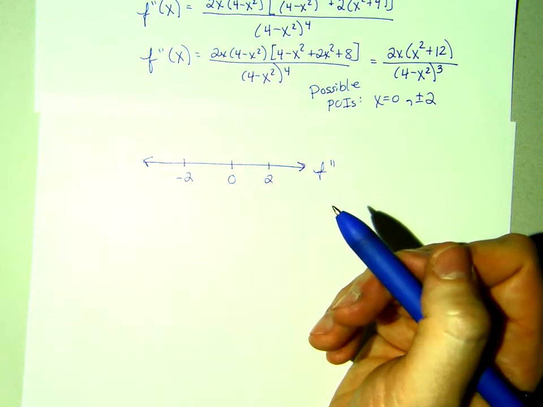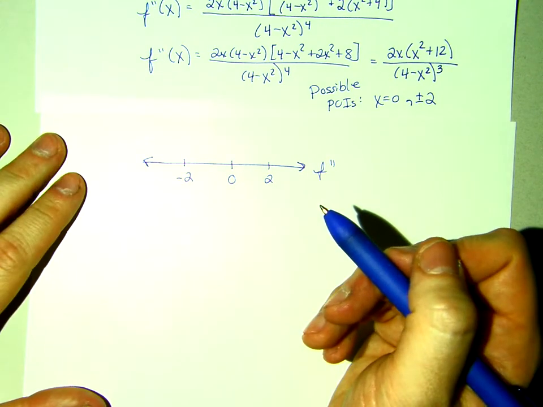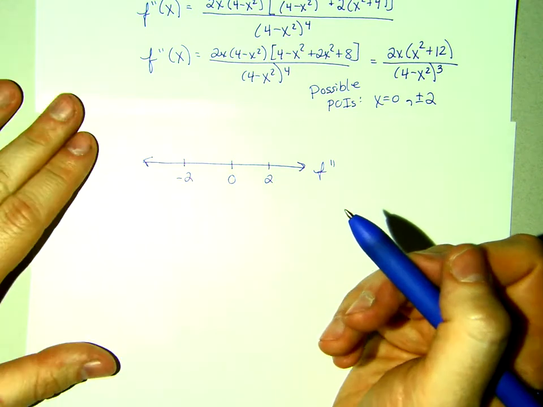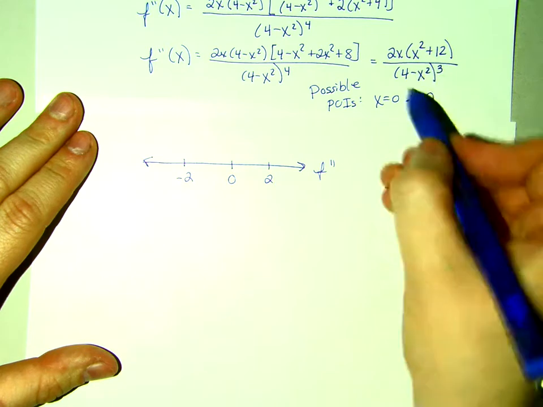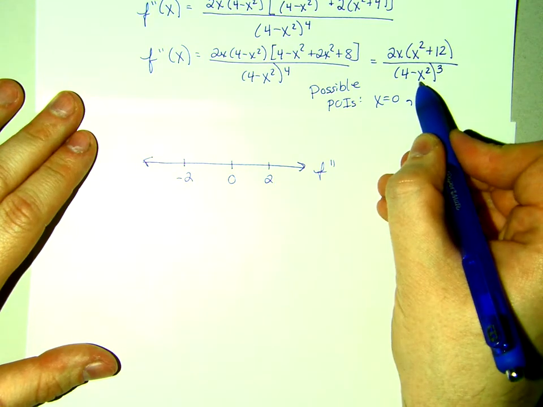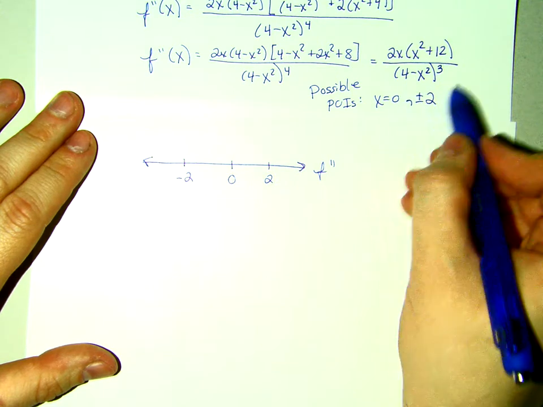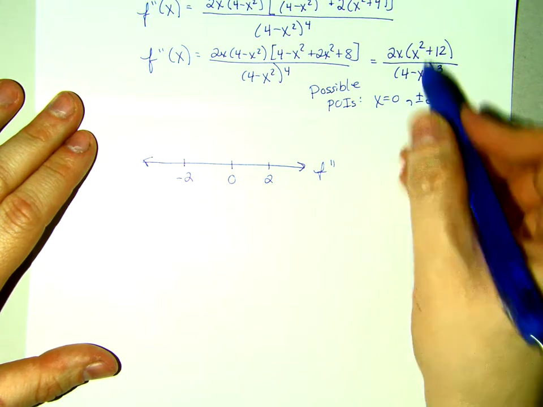What's your first sign? Positive. I am liking positive. Okay, so plug in -3. -3 squared is 9. 4 minus 9 is a negative. Cubed is a negative. The bottom is negative if you plug in -3.